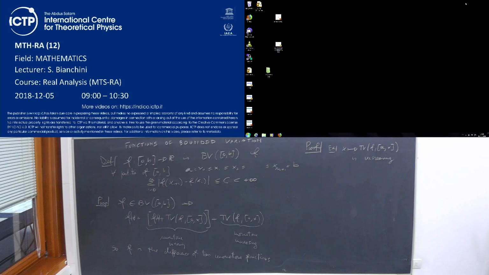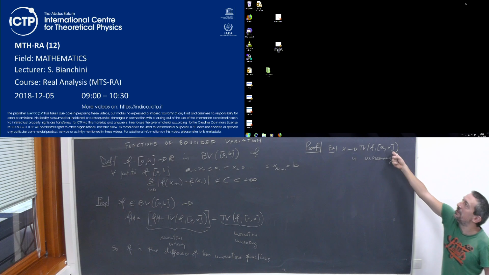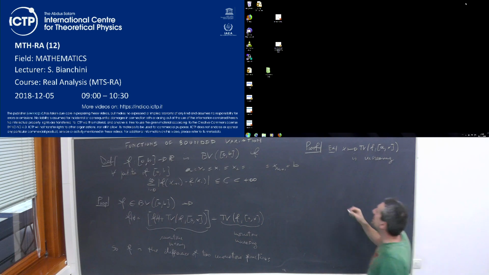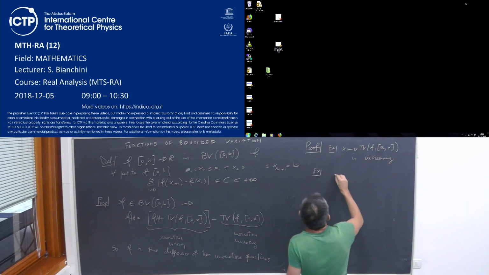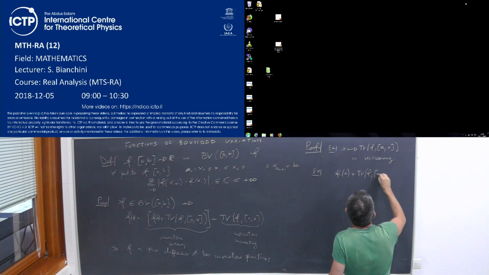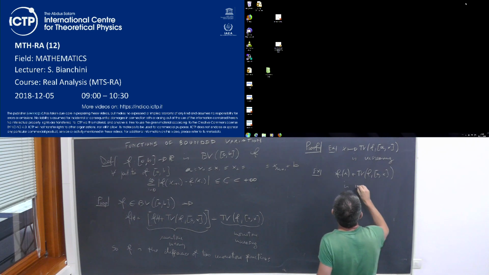So if you take the partition for the smaller, you can just add the partition for the other one, and that's the case. So when you increase x, you can choose the points in a larger set. So you have more freedom, no? It's like the supremum made in a larger set. Is increasing.